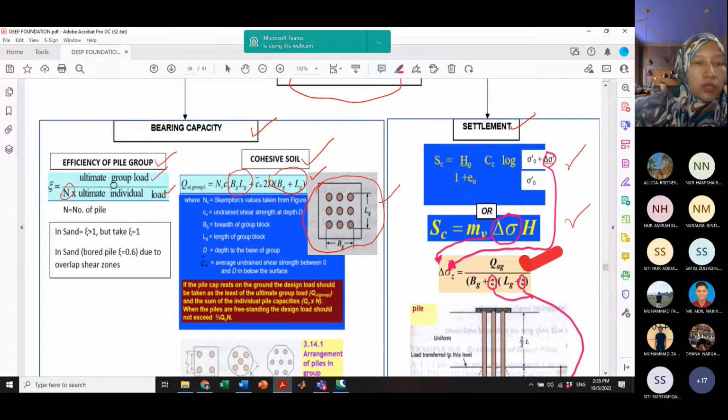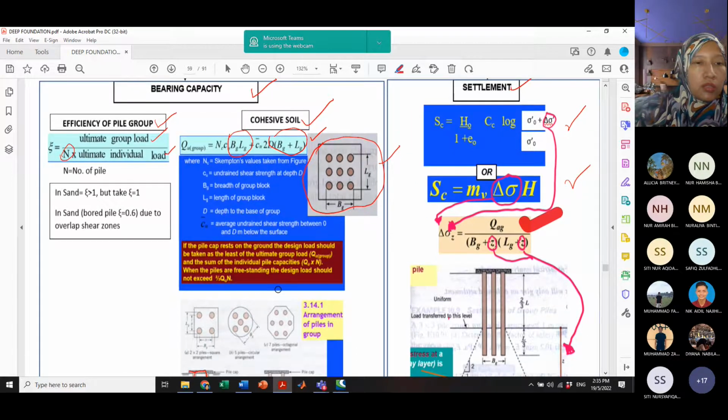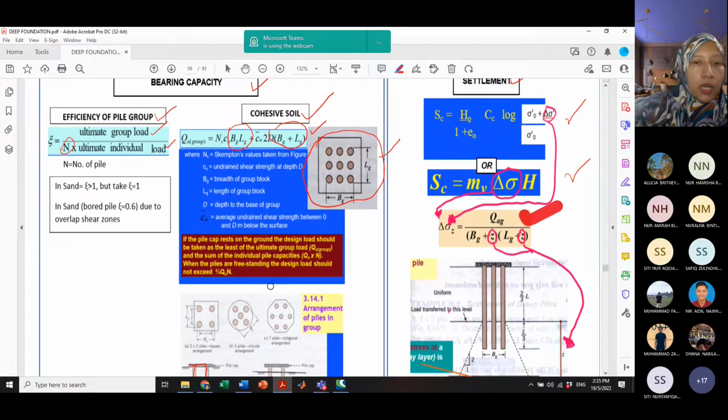So this is how we can determine the efficiency number. And then if you have more than one pile, in a way to combine all few numbers of piles in one sections ataupun one structure, so we're going to integrate all these piles using a pile cap.